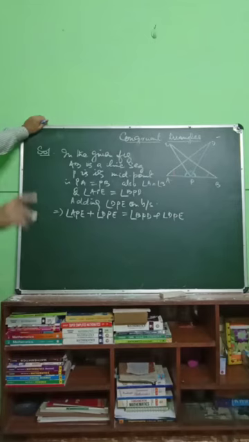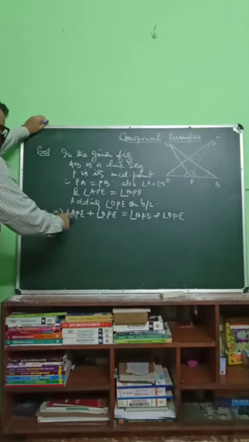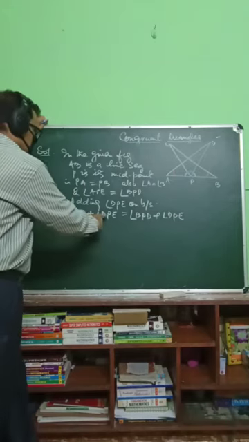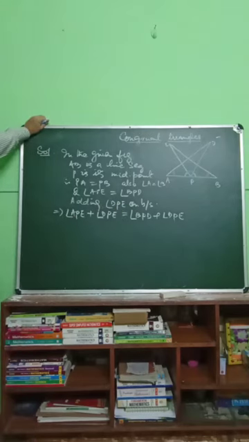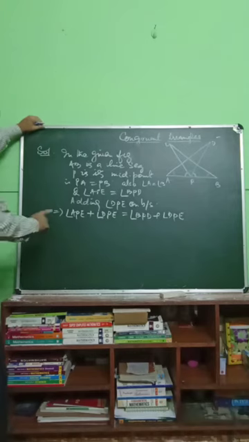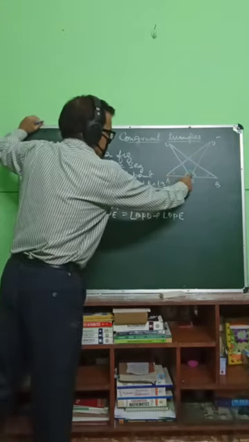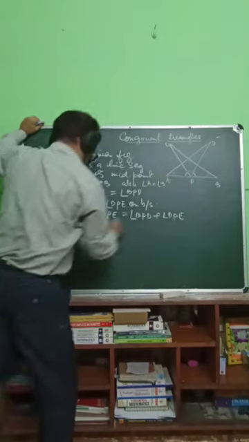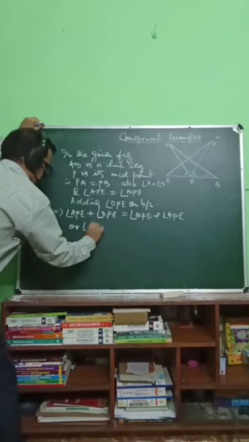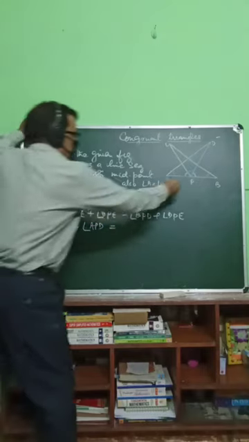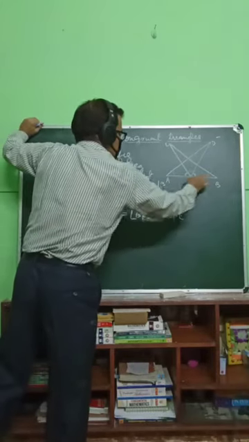By Euclid's axiom, if equals are added to equals, their sums are equal. So angle APD is equal to angle BPE.